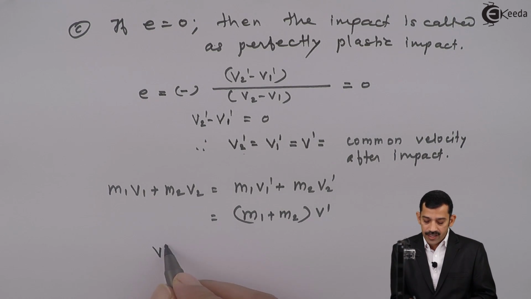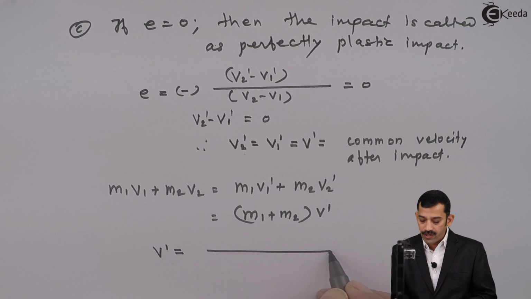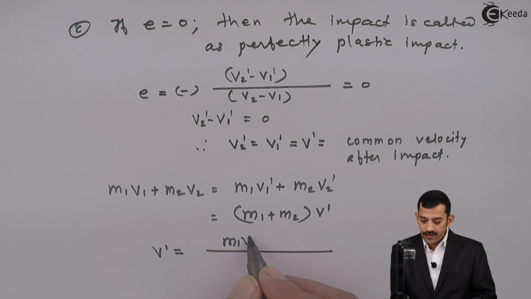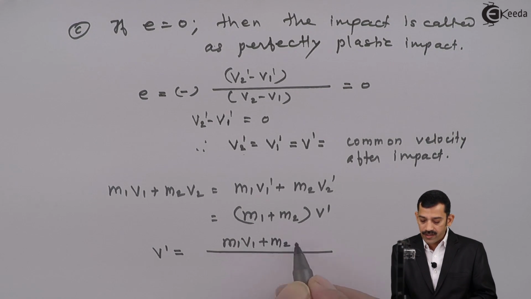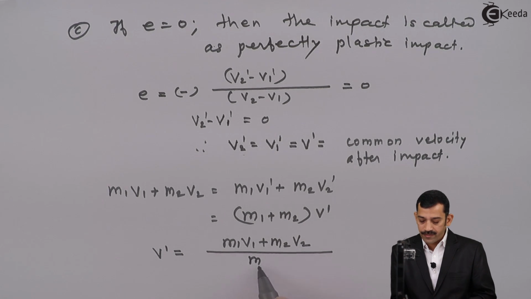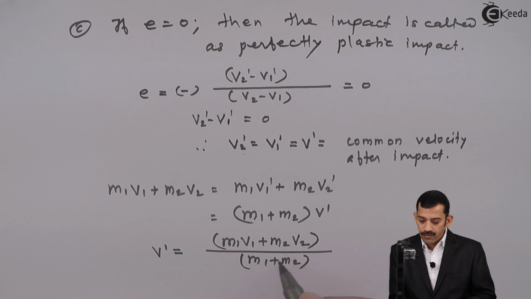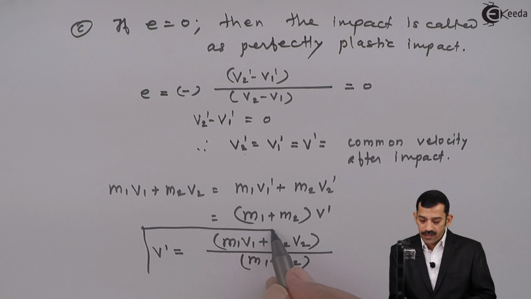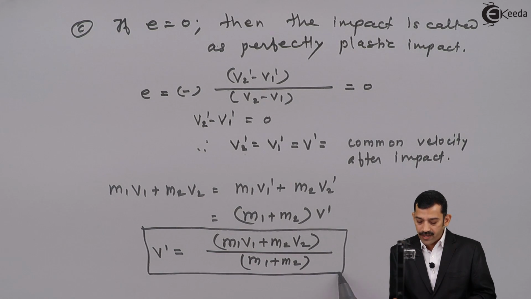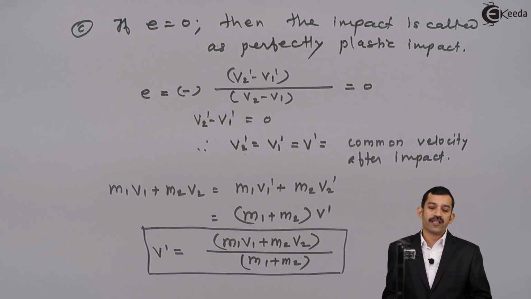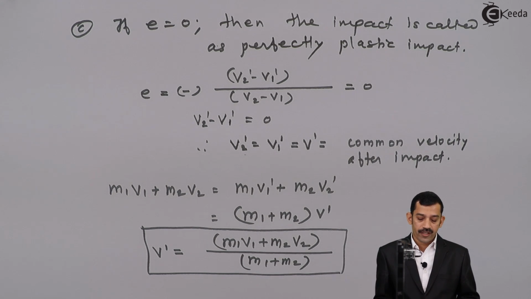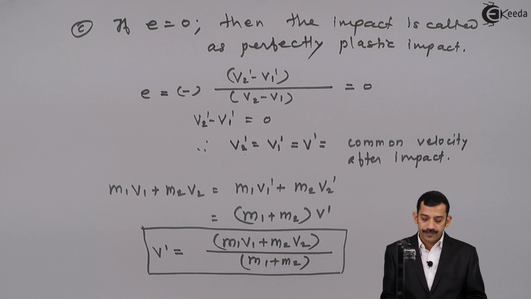So the common velocity V dash is given by M1 V1 plus M2 V2 upon M1 plus M2. The use of this equation is while solving problems. If the impact is given as a perfectly plastic impact, we will directly use this V dash as the common velocity to find the velocity of both bodies just after impact.